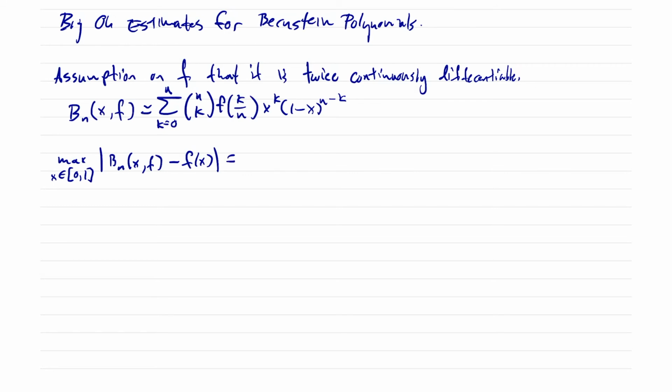Ultimately what we have now is the maximum of x inside of 0, 1 of the sum k equals 0 to n of n choose k of f of k over n times x to the k times 1 minus x to the n minus k.